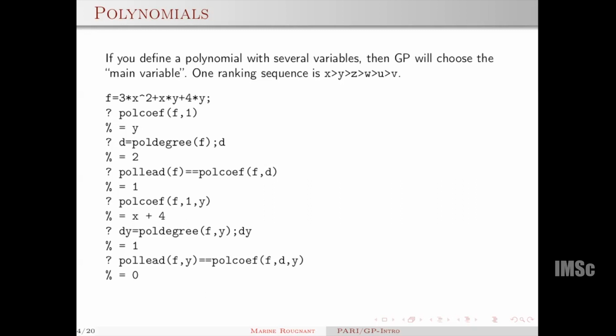And if I ask for the leading term, same thing, leading term in x. So this is the coefficient of the maximum degree. If you want information for another variable, you specify in each of the functions the name of the variable, here y. So the term of degree 1 in y is x plus 4.